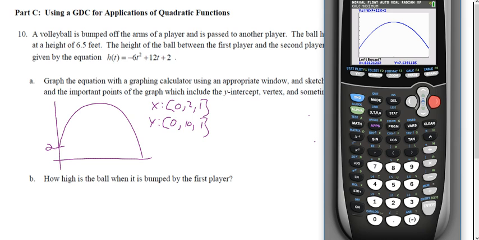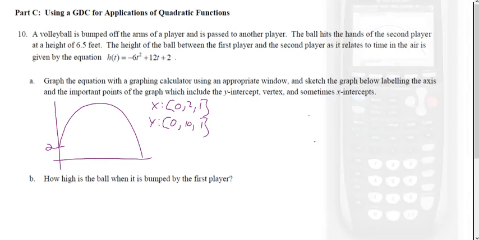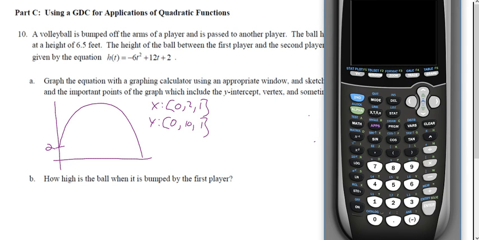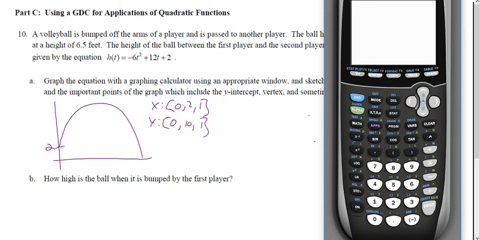Oh look, it's locked on. Okay, anyways. Oh, great, I just turned off. What's the vertex?